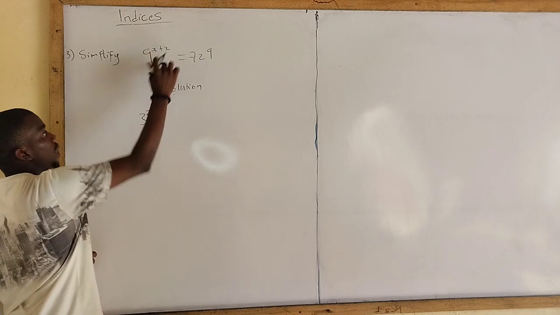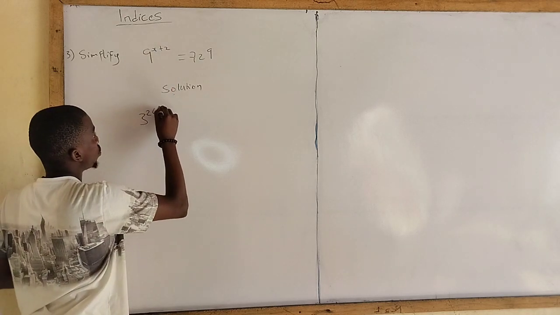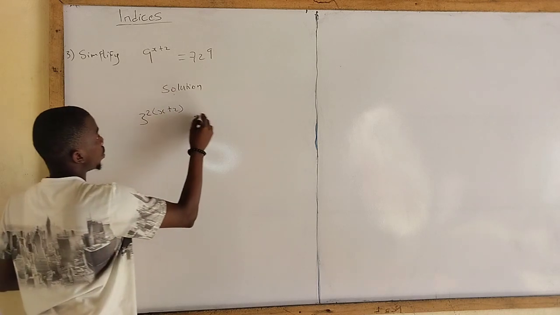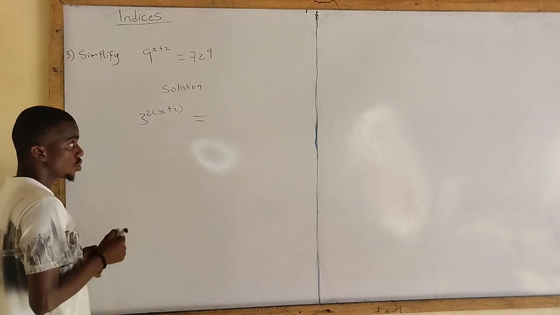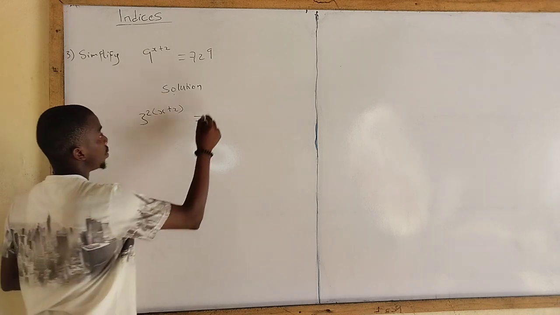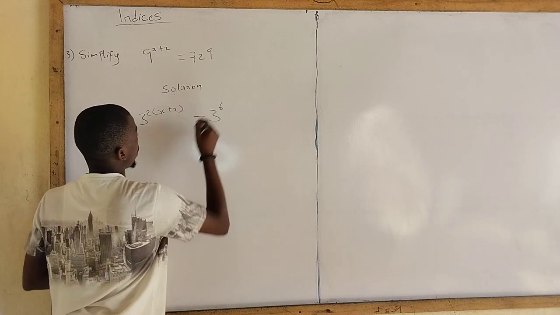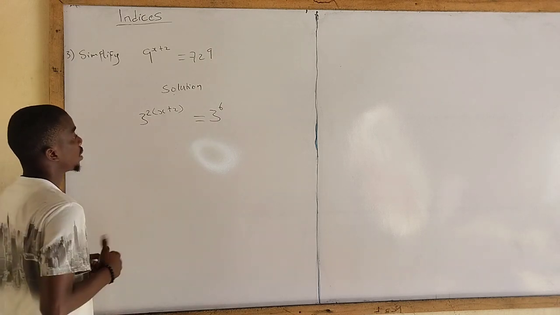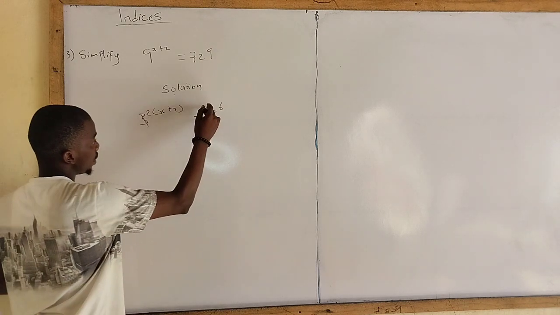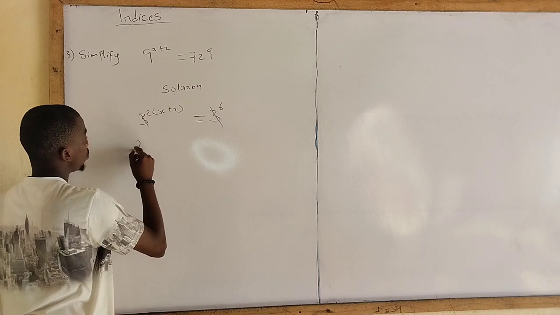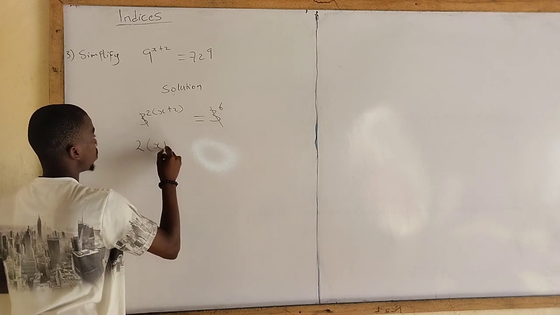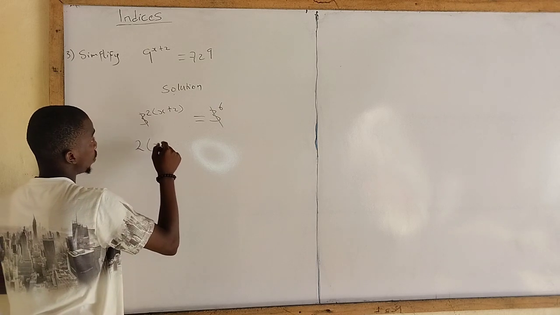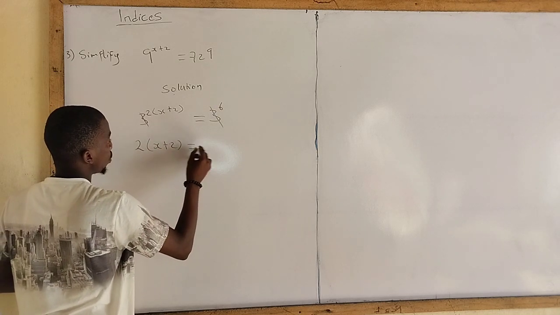Remember the algebra on top: bracket 2 bracket x plus 2 bracket close, equal to 729, whose index form is 3 raised to the power of 6. Now the bases are equal, so we cancel off the bases so that we are left with 2 bracket open x plus 2 bracket close, equal to 6.